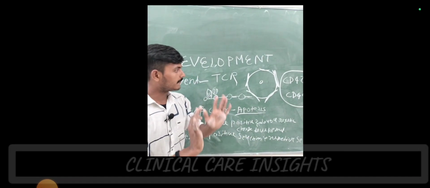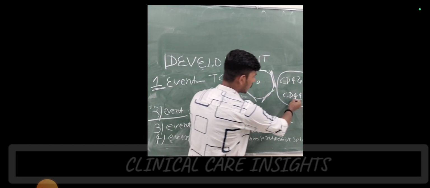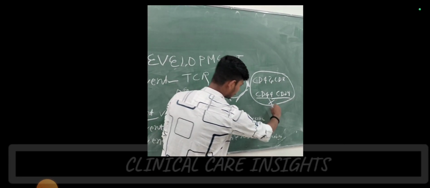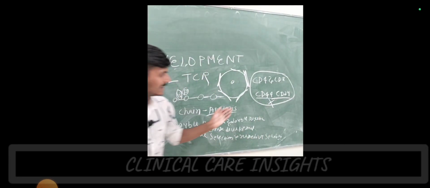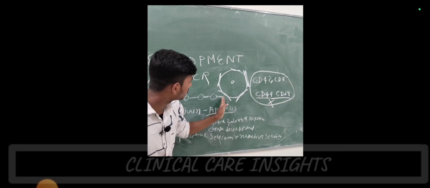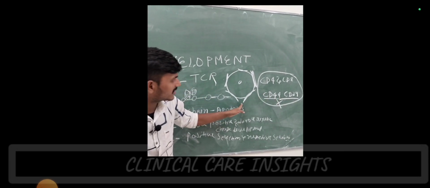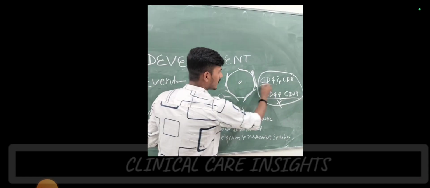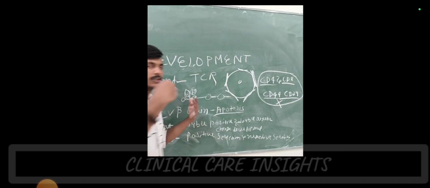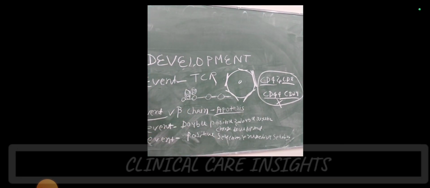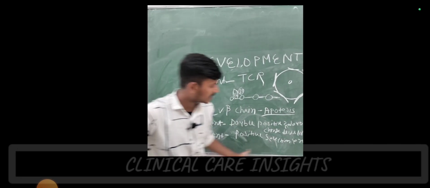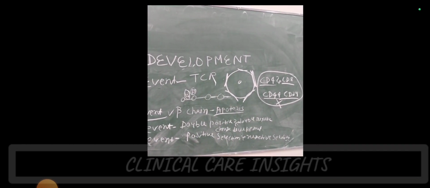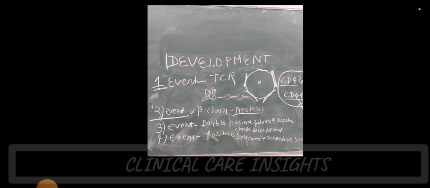So CD44 and CD24 receptors are undesirable; they are not useful. Only CD4 and CD8 are useful. Clear? That's called the positive and negative selection of the cells.